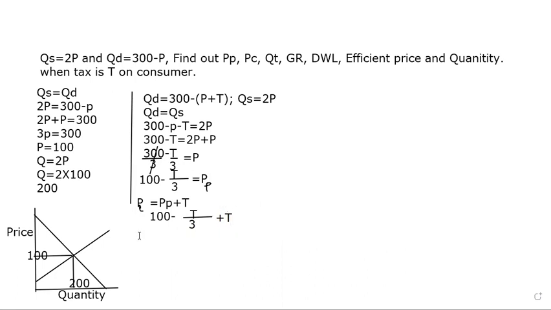We can simplify this form: 100 minus T plus 3T, since in the denominator we have 3, divided by 3.